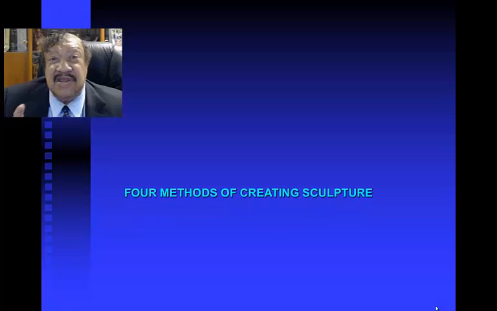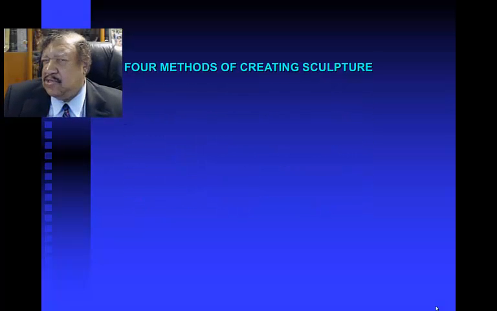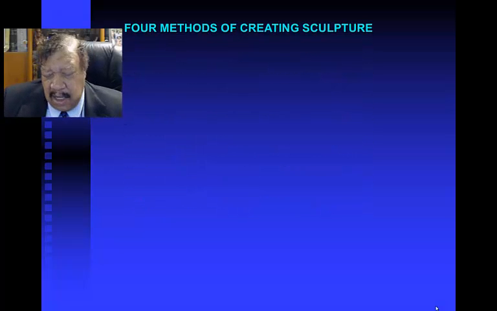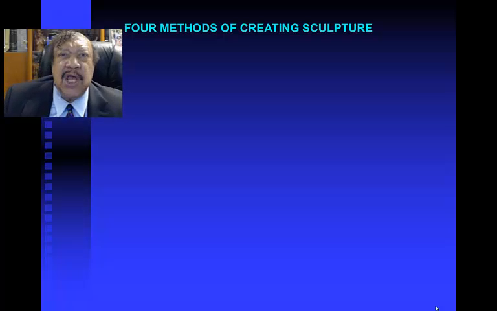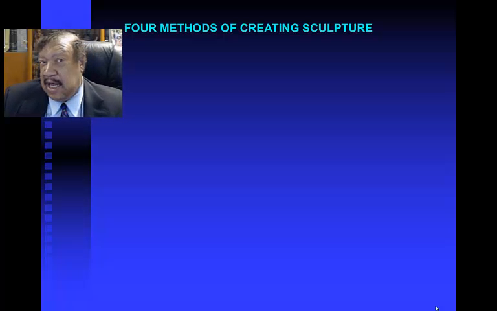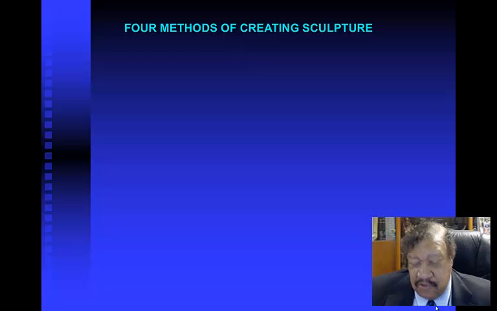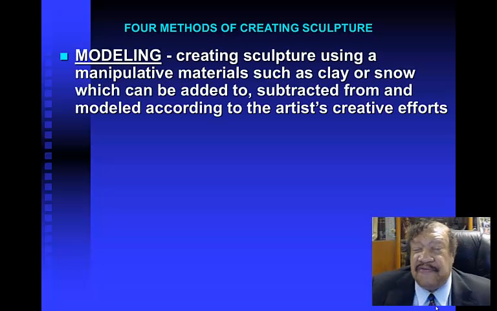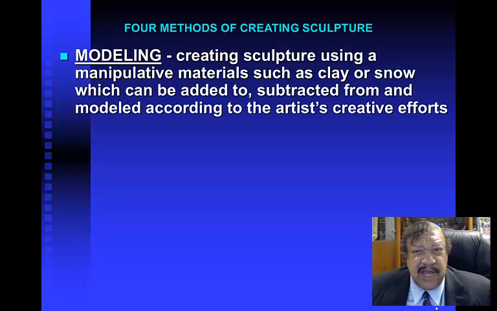And basically, there are four. So I want you to make note of the four. Look at the handout. Look at this second lecture, the methods of creating sculpture. The first one is modeling. Modeling is creating sculpture using a manipulative material, such as clay or snow or something you can manipulate.